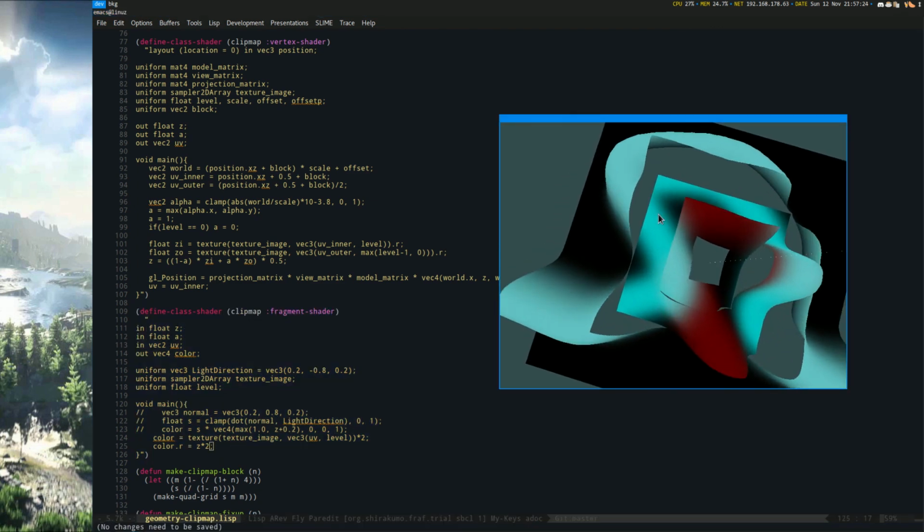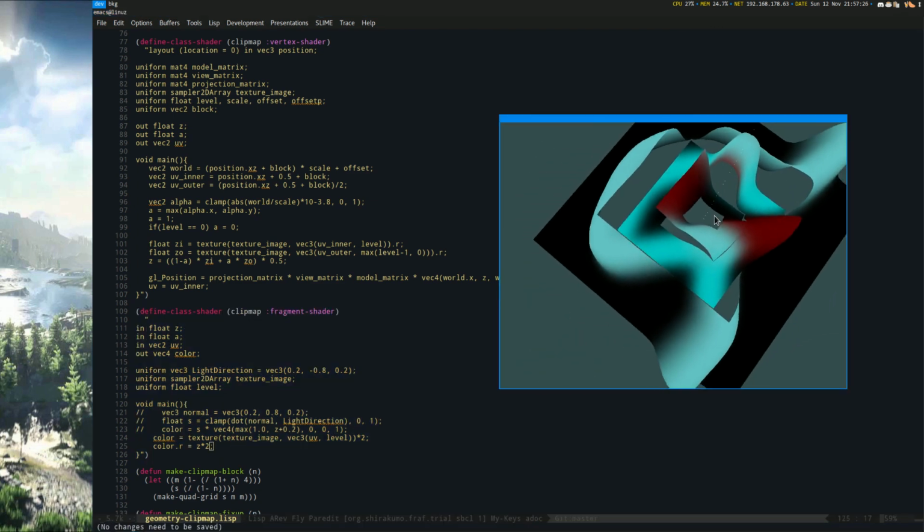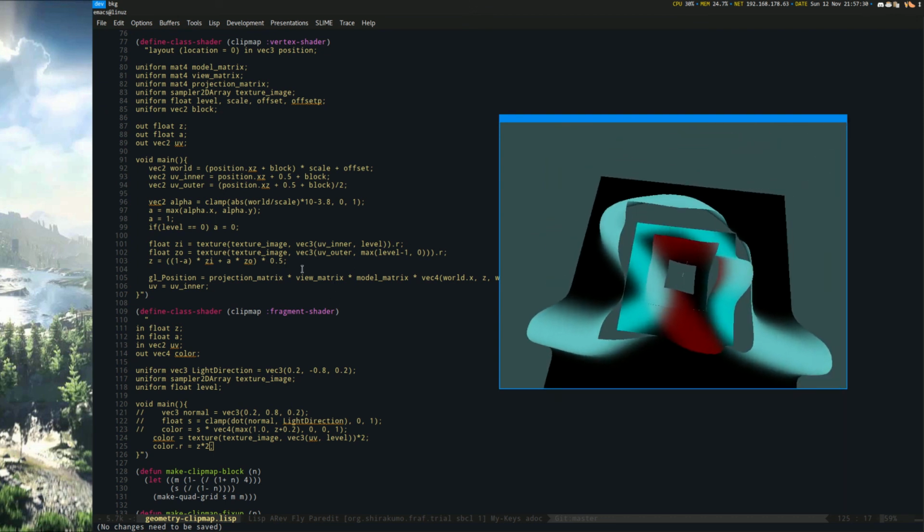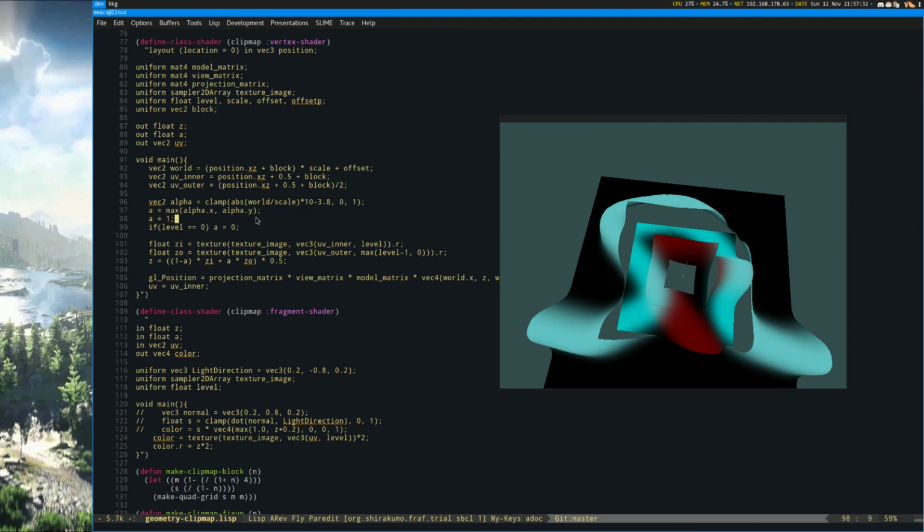It's also just 0 over here. Is there a shifting going on? Has to be offset wrongly. The only explanation I can give. What if I do this? No, that's even worse. 2.5?